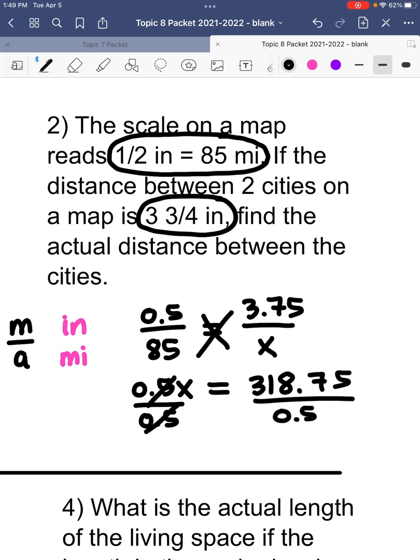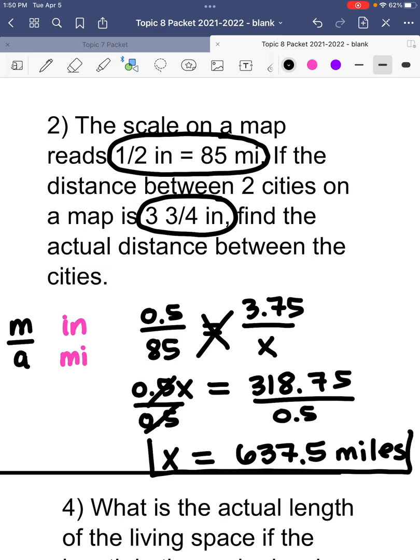And when I do that, my 0.5s cancel out. X is by itself. And 318.75 divided by 0.5, when I put that into my calculator, I get 637.5. But what is my unit? Remember, since that was on the bottom, it's miles. So 637.5 miles is the distance between those two cities.